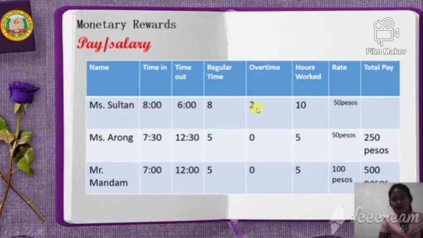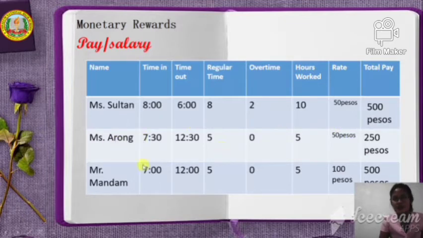Therefore, 8 plus 2, she worked for 10 hours and her rate per hour is 50. Her total pay for that day is 500 pesos. Same as we did with the other examples.